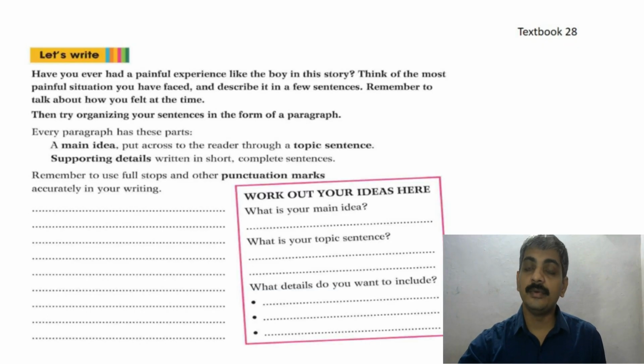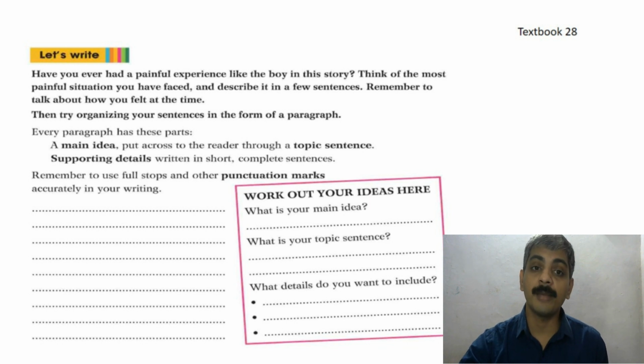Now we go to page number 28 of our textbook. There is a reason for the same that I shall tell you. Here is again another writing activity. Let's write. Have you ever had a painful experience like the boy in this story? Think of the most painful situation you have faced and describe it in a few sentences.